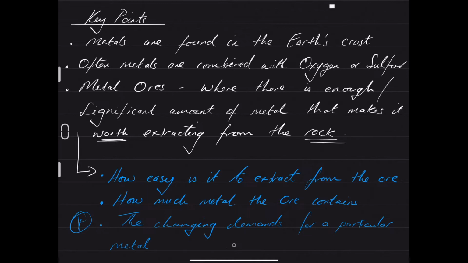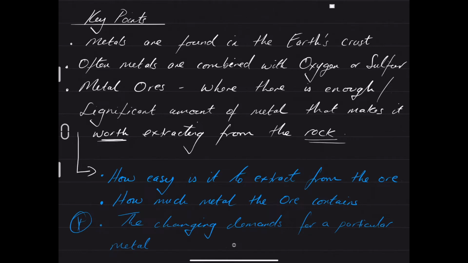So this is just a quick summary of metal ores and why we extract them and how we classify metals that are chemically combined to other substances, and three considerations in determining if the metal is worth extracting. And always understand that these are economic considerations that tend to be looked at.